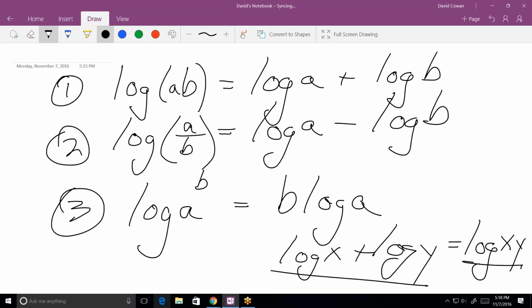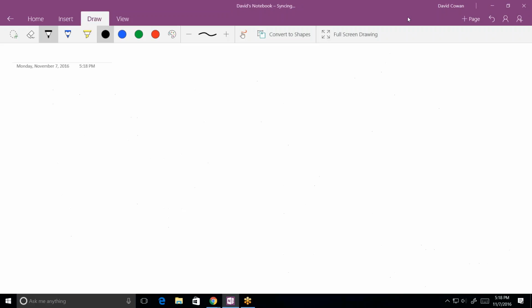Why is it plus in the multiplication? Same reason that exponents are like that. Remember that logs are exponents. That's what they are. If I told you that x to the a, and I multiply it by x to the b, what do you do with those exponents? You add them. Exactly.